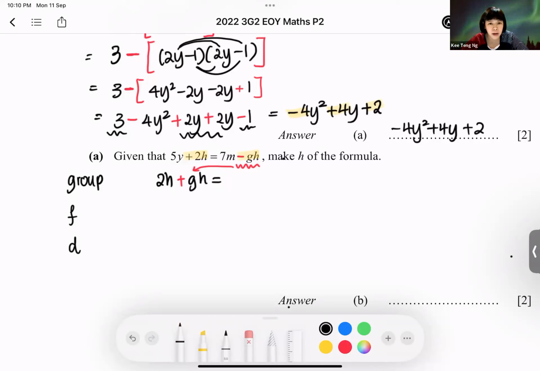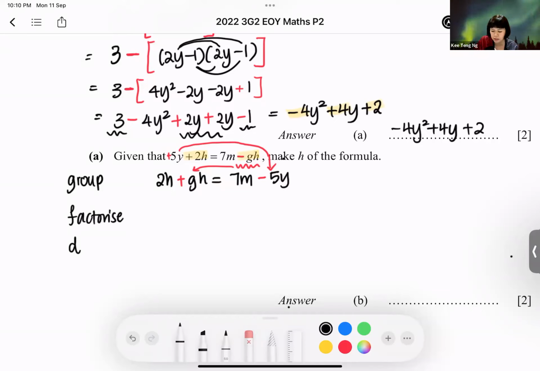Next part on my right-hand side, the original citizen is 7M, who migrated over the one that does not have H, right? So this one from positive 5Y, undo addition, so it becomes subtraction, minus 5Y. So I group them together. Next one, remember, factorize.